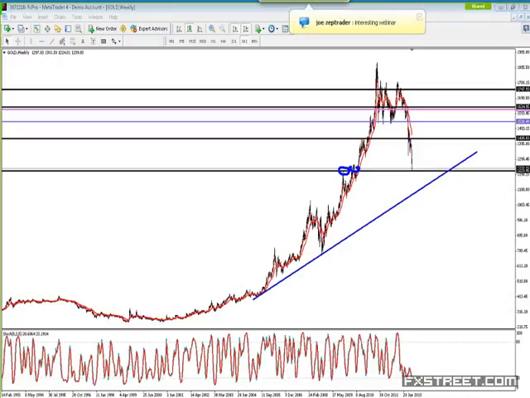And I think it's reasonable that this zone, and I'm giving it a big zone here, I think there's a fair likelihood that this could be the low for gold for some time. Now it's been in a strong downtrend, so I'm actually thinking that gold's dead money for like 3 months.